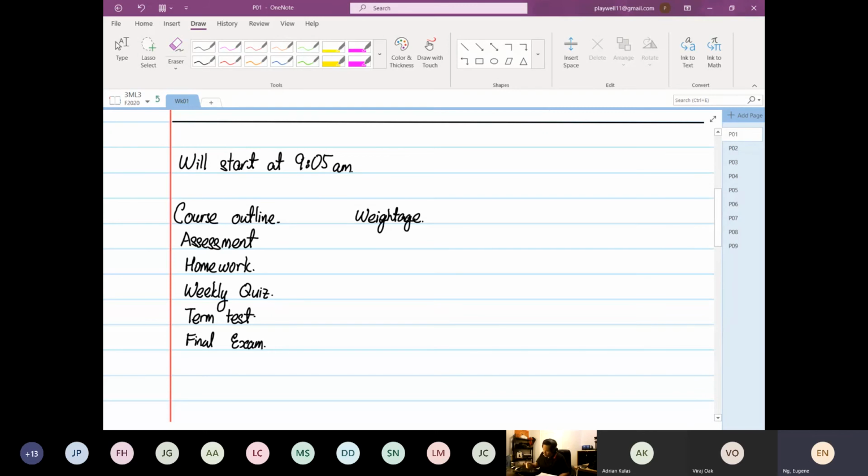in terms of weightage, homework is 0. You will have weekly homework. Quiz, you will have about 8 quizzes and it's worth 10%. Term test. Before I go into term tests, how many term tests do you all want? 1 or 2? Can someone say something, please? I can see 1, 2.